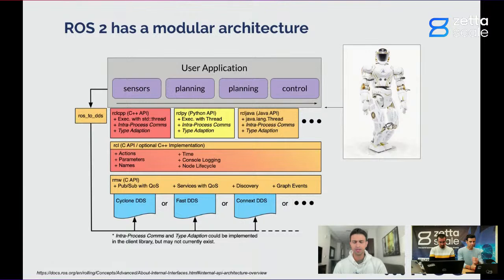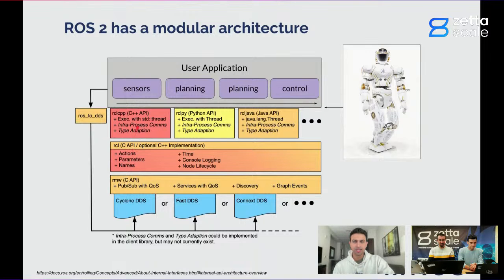And with ROS2, really, we have a very modular architecture. Not only is the client library that you use to write these nodes modular and flexible, so you could use Python, C++, Rust, Java, there's a whole bunch of different SDKs and different languages that we support. So not only is this level modular, but so is the middleware layer. And this is what we call RMW, or the ROS middleware layer.